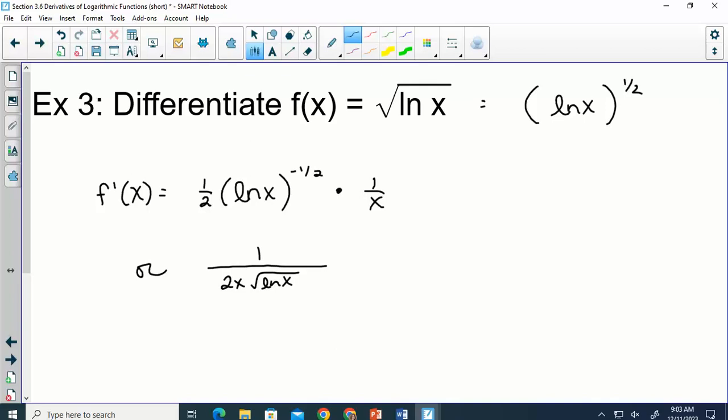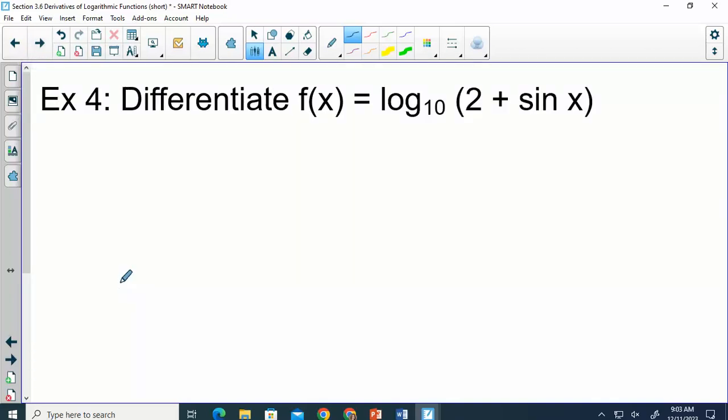So far, so good? Alright, let's do one that's not a natural log, just for practice. So, we know the derivative of a log is 1 over the argument.